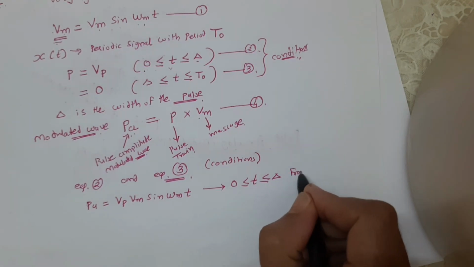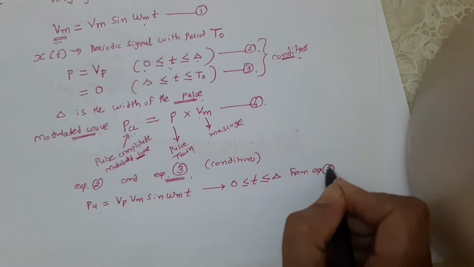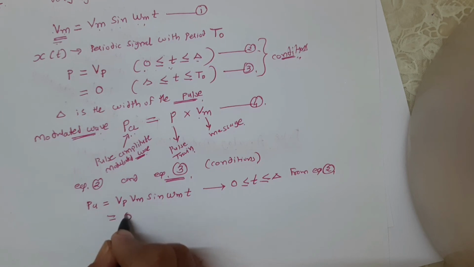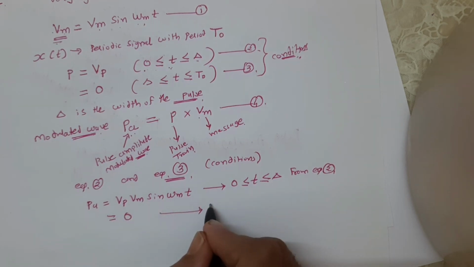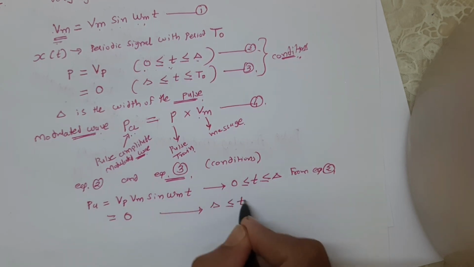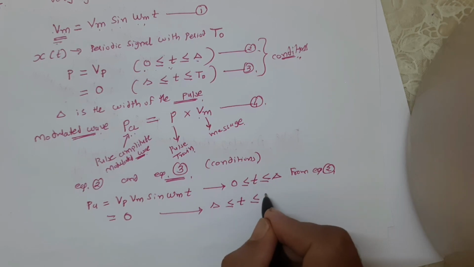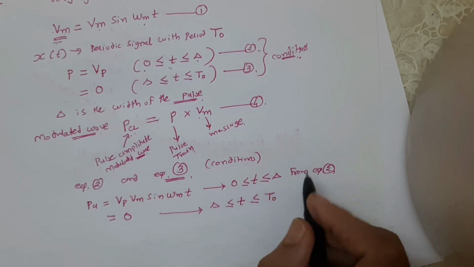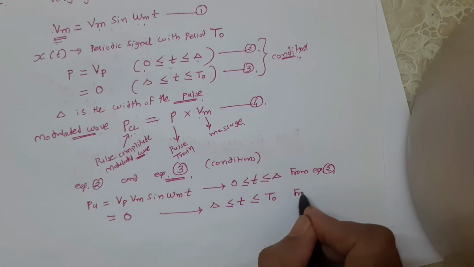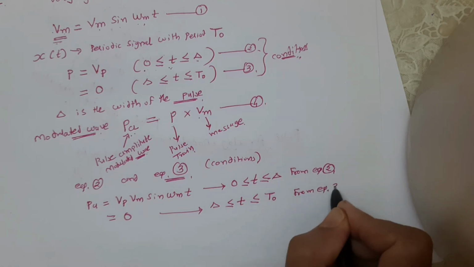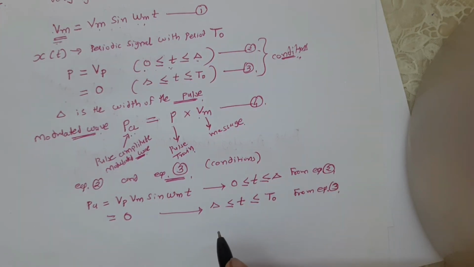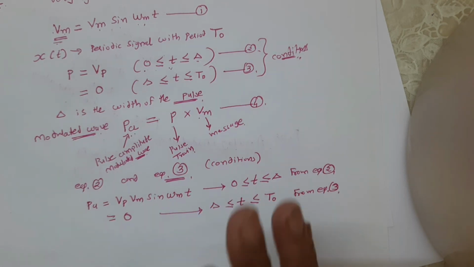This is coming from equation 2, and this is equal to 0 when delta is less than or equal to t, less than or equal to period T0, and this is coming from equation 3. Hence, we see what is the effect on the figure.